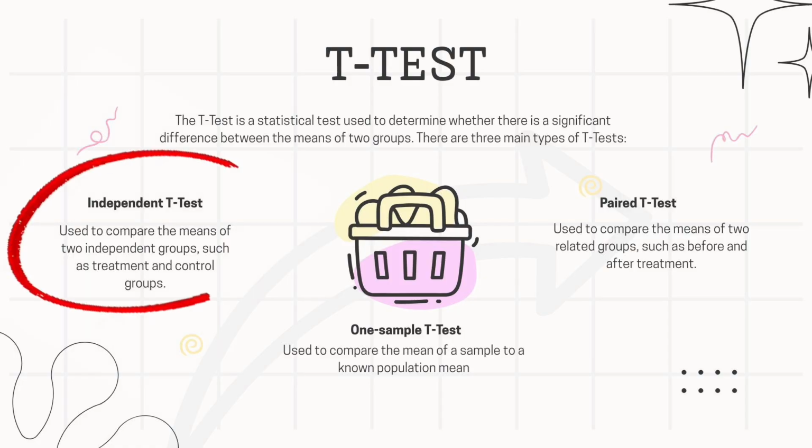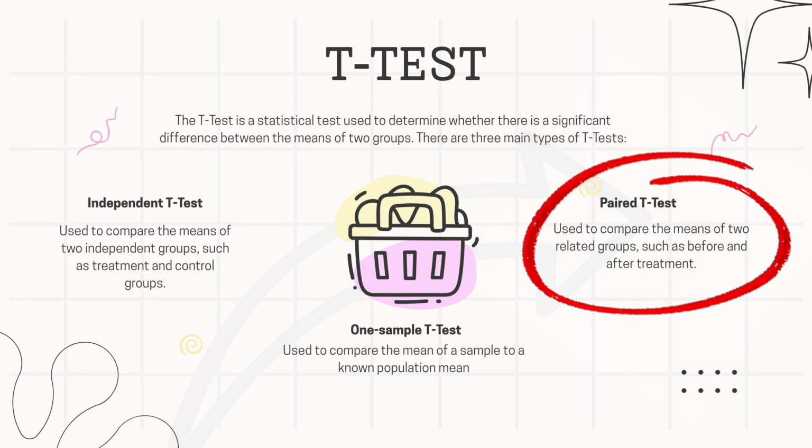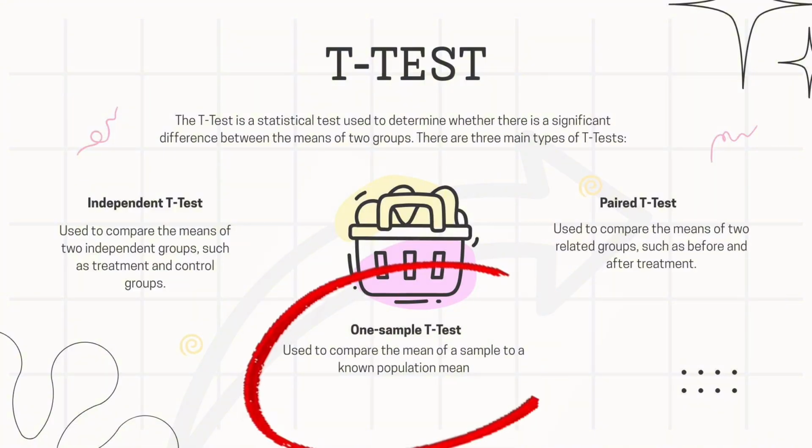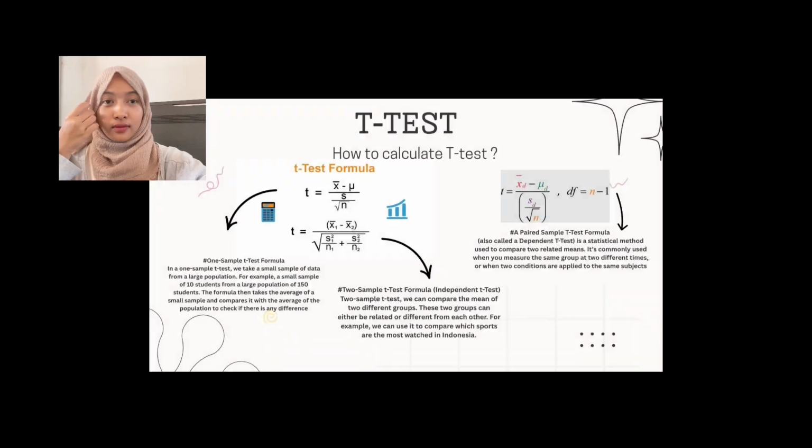The independent t-test is used to compare the means of two independent groups, such as treatment and control groups. The paired t-test is used to compare the means of two related groups, such as before and after treatment. And the last one is the one-sample t-test, used to compare the mean of a sample to a known population mean.